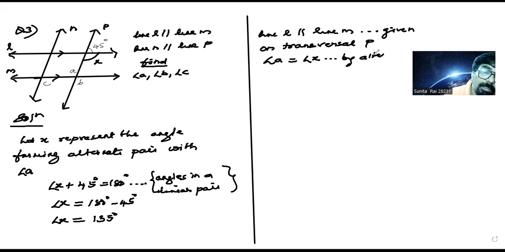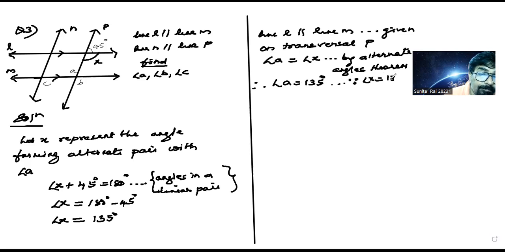When the lines are parallel, alternate angles are equal. That theorem is called the alternate angles theorem. Therefore angle A equals X. What is the value of X? 135 degrees. So A is 135 degrees, since angle X equals 135 degrees. Write such a reason.